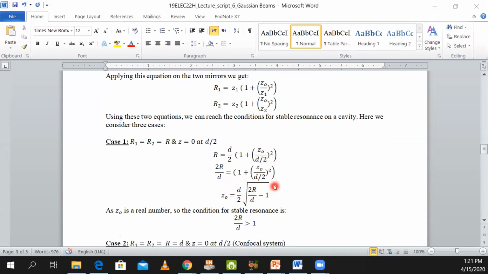So in order to make sure that Z node is a real value, you should have 2r over d greater than 1, so that this expression under the root is positive, not negative. Otherwise, Z node will become an imaginary value, and this is physically not acceptable because Z node is a distance. So the condition here is to make 2r over d greater than 1.